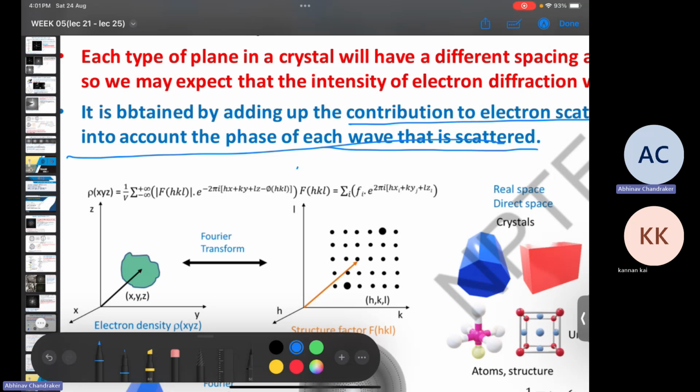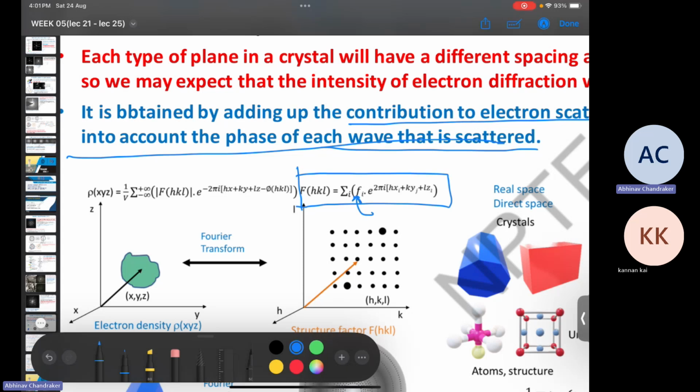We can write the structure factor for a particular plane as being equal to sigma small f_i, which is a constant, you can say, for a particular atom.